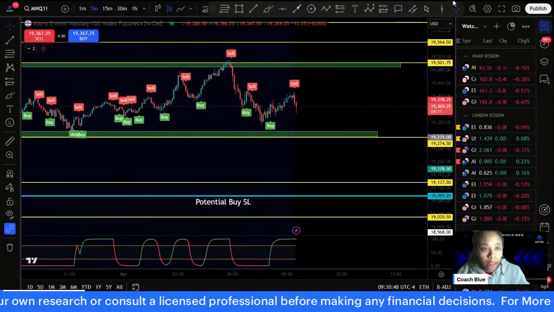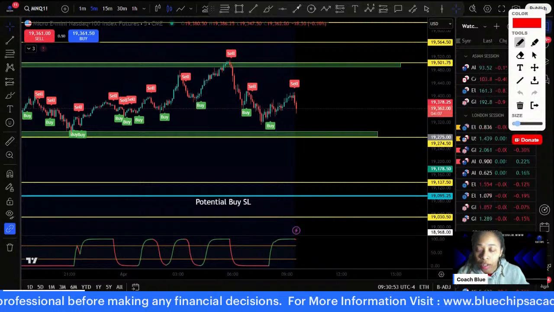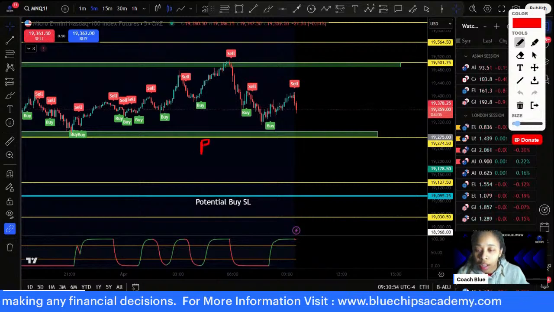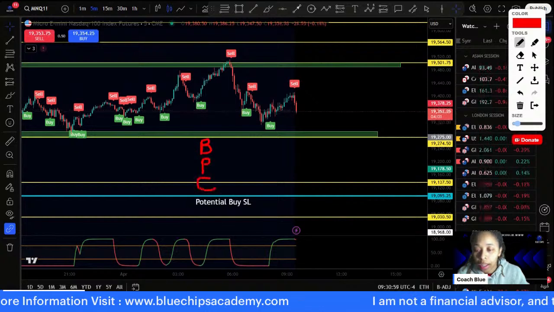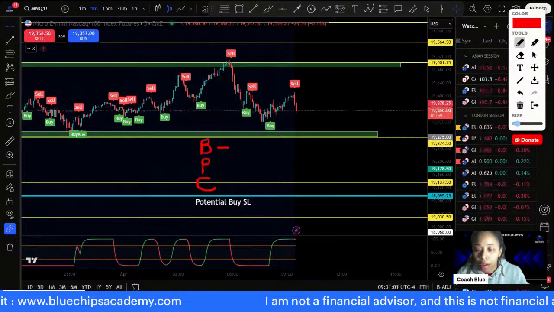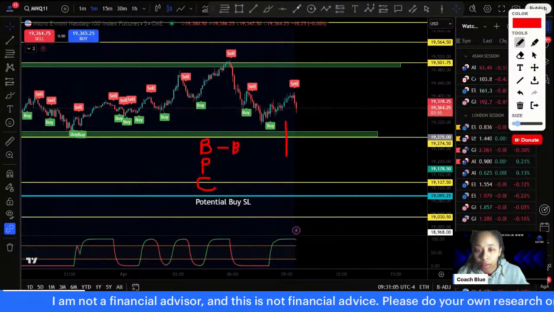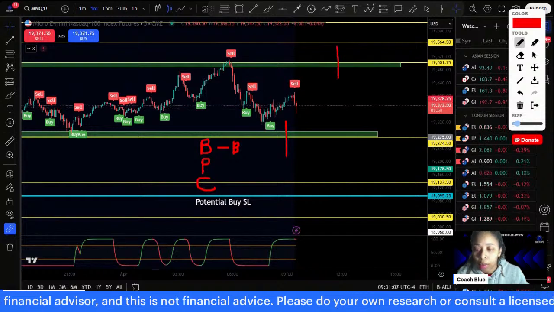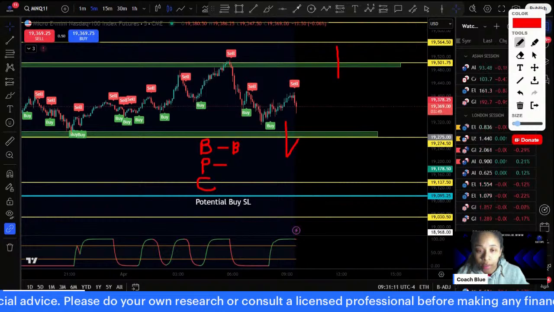But for those of you that aren't familiar with BPC, what it stands for is three steps. We have breakout, which is what the B stands for, meaning price breaks out of the channel. Then pullback, where it pulls back to that previous key level.